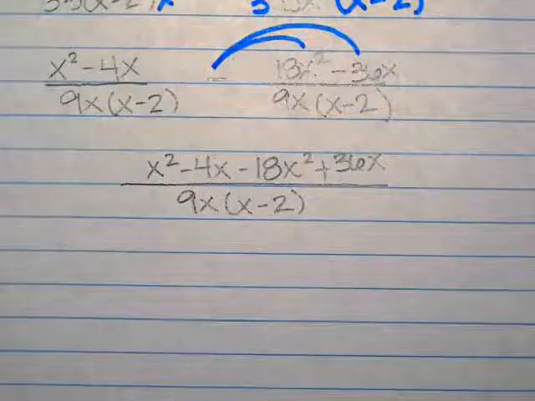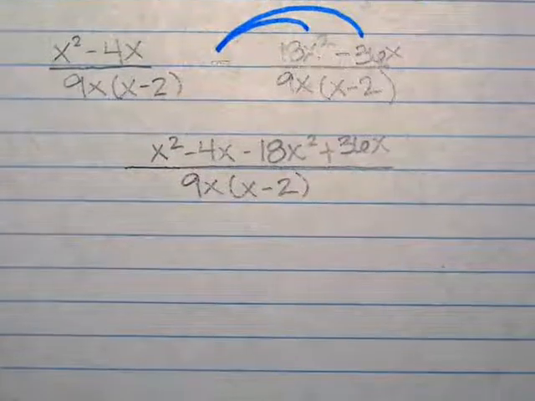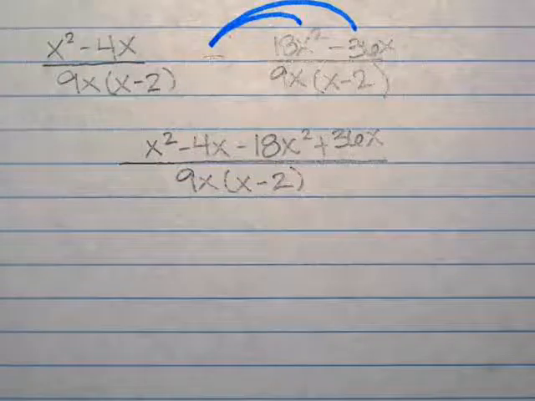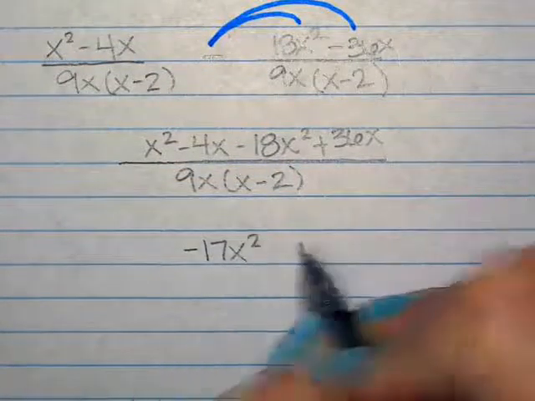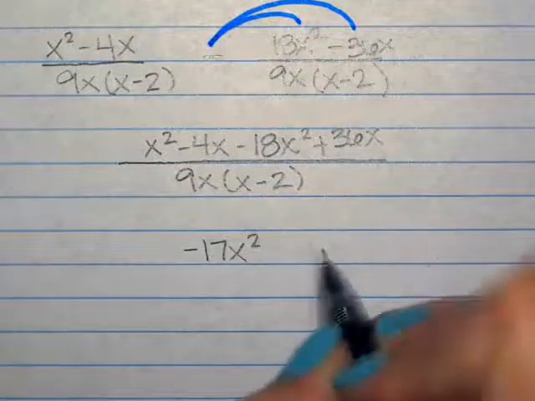Now what should I do? Combine like terms. So if I combine my x squareds, what do I have? Okay, and if I combine my x's, what do I have? It's 32x.